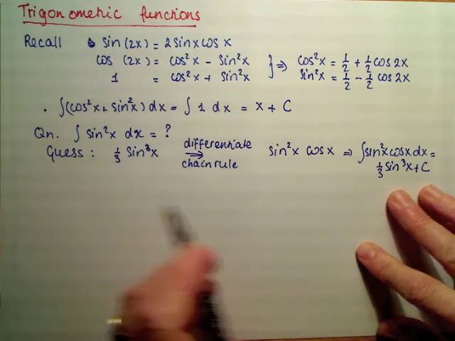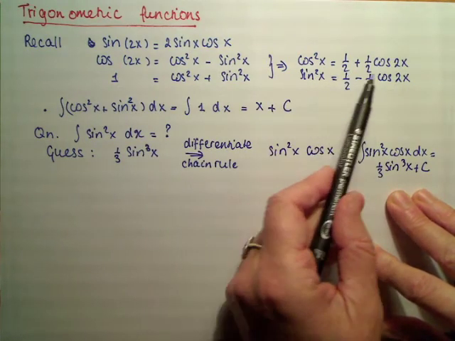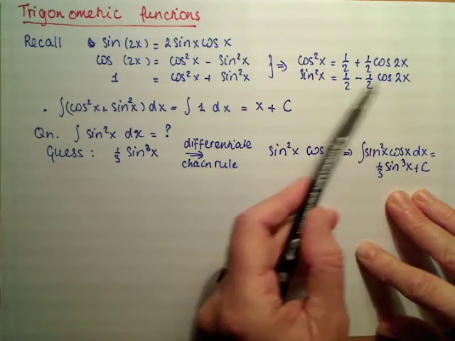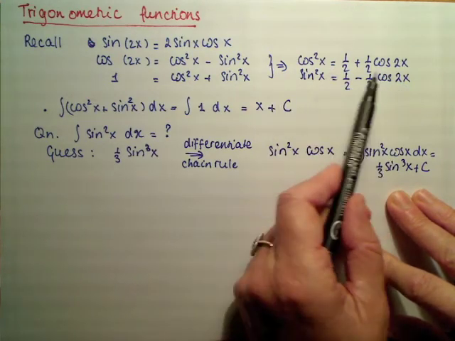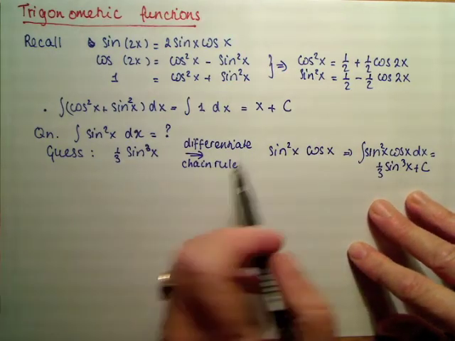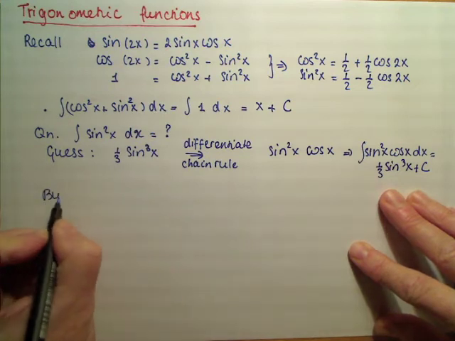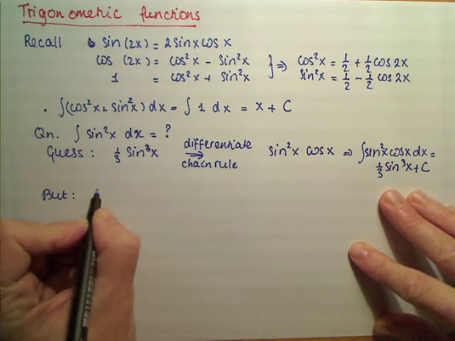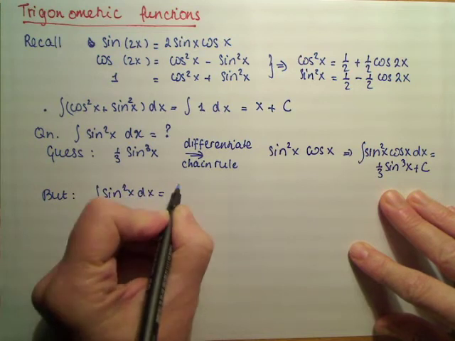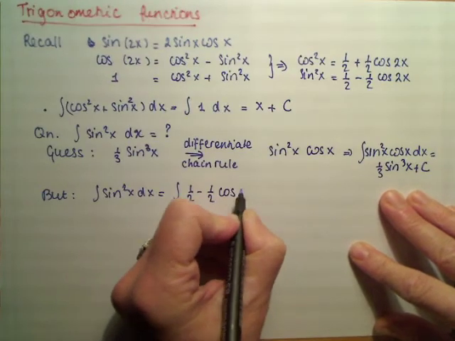Now the way to do this is to look at this formula over here, because we know how to compute the primitive of cosine of 2x. So if we use the second relation, then it becomes quite easy to calculate the primitive of sine of x squared. And we do it in this way, by substituting sine of x squared by 1/2 minus 1/2 times cosine of 2x.